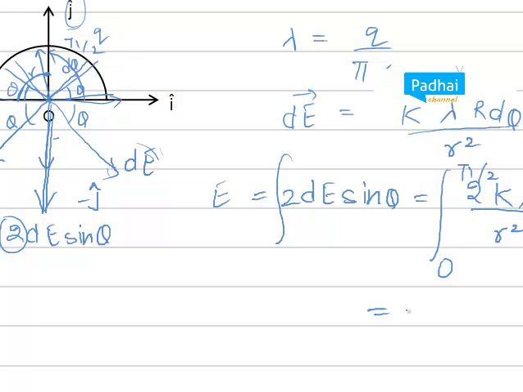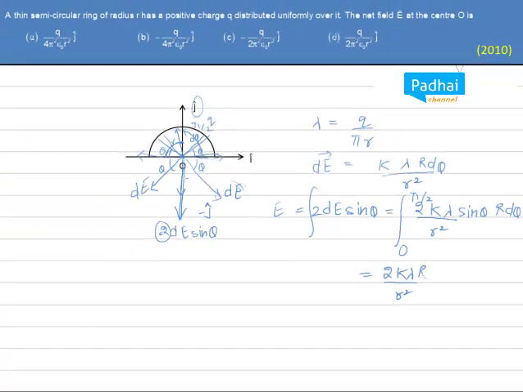So this will be equal to 2 k lambda by r square. I can take r common, and both the r's are the same, so r will cancel out. So it will be sine theta into d theta, and you will integrate it from 0 to pi by 2. So what is the integration? It will be 2k lambda by r, and the integral of sine theta is minus cos theta, integrated from 0 to pi by 2.